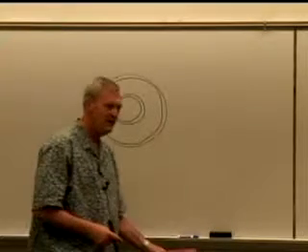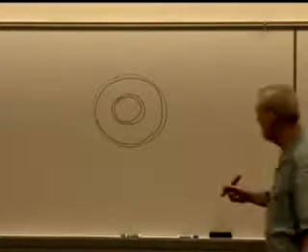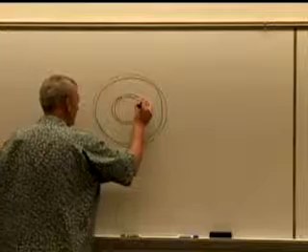A charge of negative 1.6 times 10 to the negative 6 coulombs is spread uniformly over the inner shell. So it's got a negative charge.